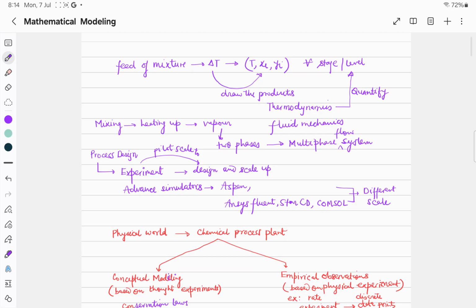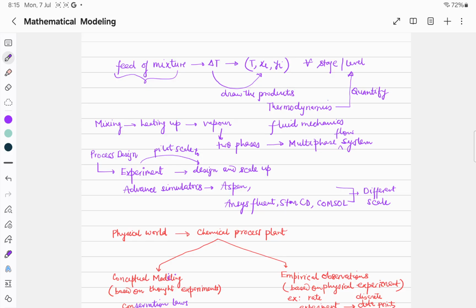Suppose you are given a feed of liquid mixture and you want to separate it. Now you are using a distillation column.